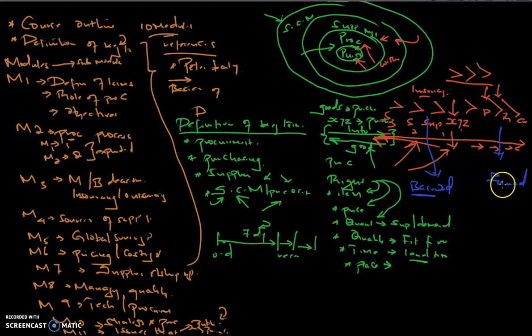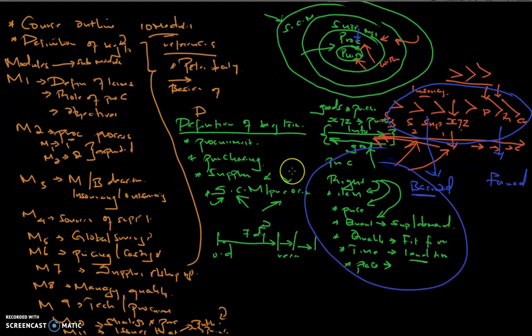When we are saying you are managing your supply chain, this is what you are looking at. When we say you are managing your procurement function, this is what you are looking at. When we say you are managing your purchasing function, this here is what we are looking at.